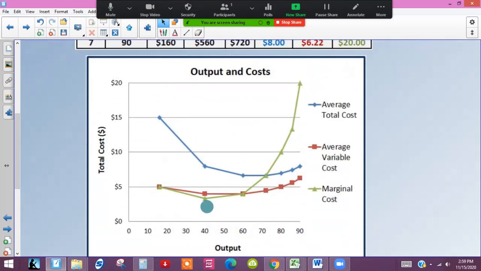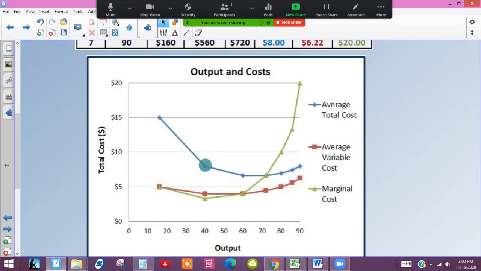The average variable cost is a little bit higher, but still below 5. And the average total cost is going to be somewhere around 7. That's what you can get from the graph, but that's only the approximate answers.